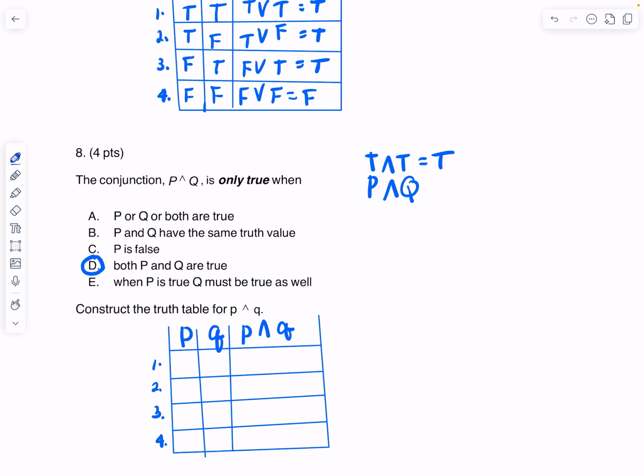So again, P is always true, true, false, false. And Q is true, false, true, false. Now I write the P column down again, which was true, true, false, false. Write the and symbol. And then Q was true, false, true, false. So again, the only time and is true is when both are true. And we see that in row 1. True and true makes true. True and false is false. False and true is false. And false and false is false.